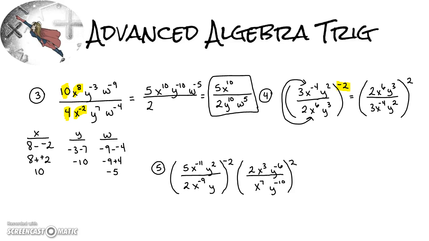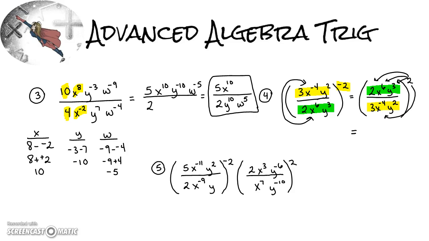Nothing on the inside is changing, it's just changing places. Okay, so the numerator became the denominator, and the denominator became the numerator. They just literally switched places, and I changed this 2 to a positive 2. So now I do the problem like I did the ones on the other side. You distribute this outside power to everything. Everything on the top, everything on the bottom.